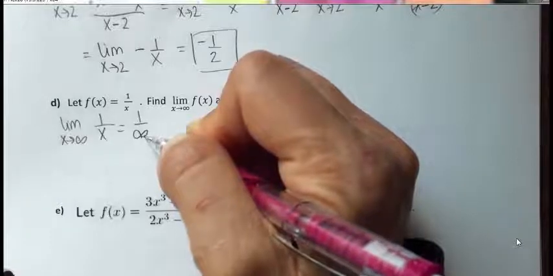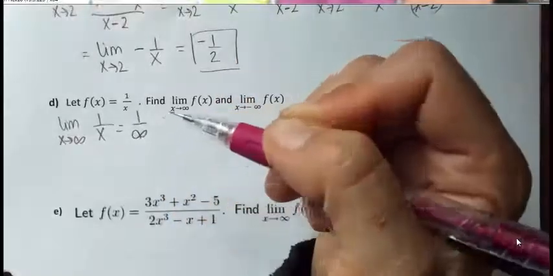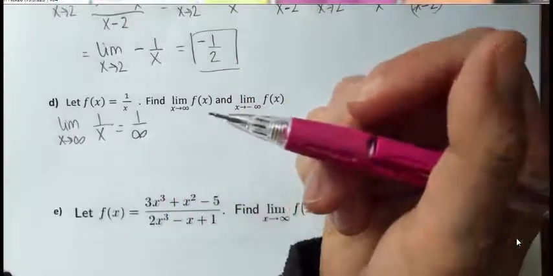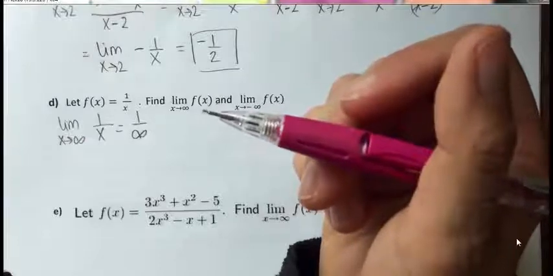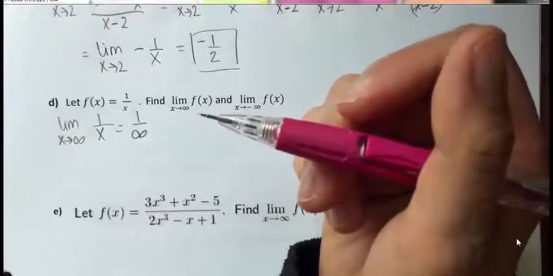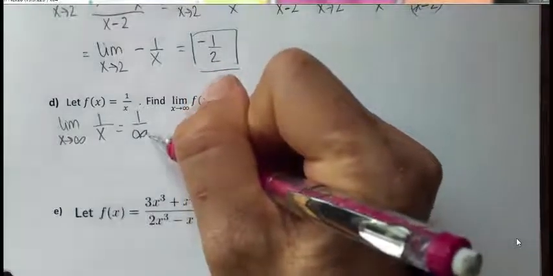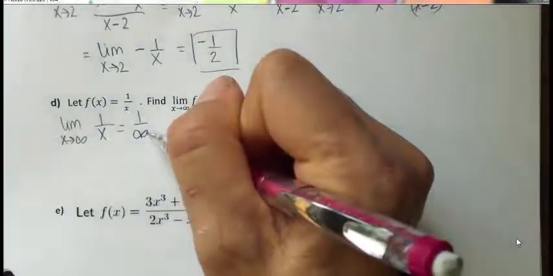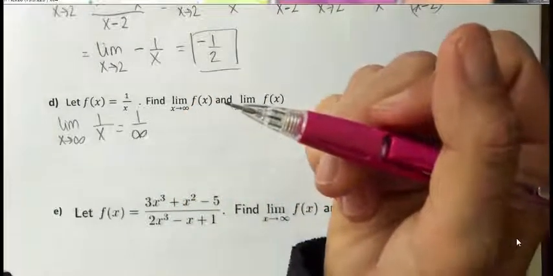If I divide by 100, I get 0.01. If I divide by 1,000, I get 0.001. If I divide by 10,000, I get 0.0001, I think. You get my point. This is going to get really, really small as the denominator gets larger and larger.